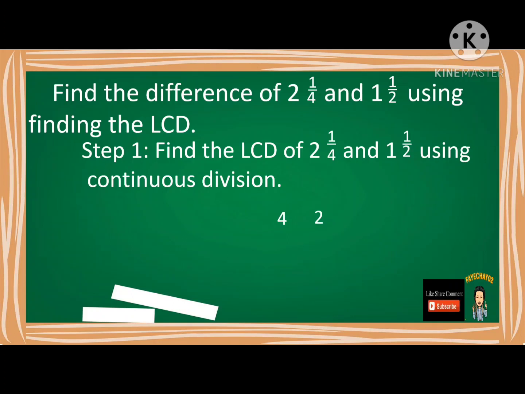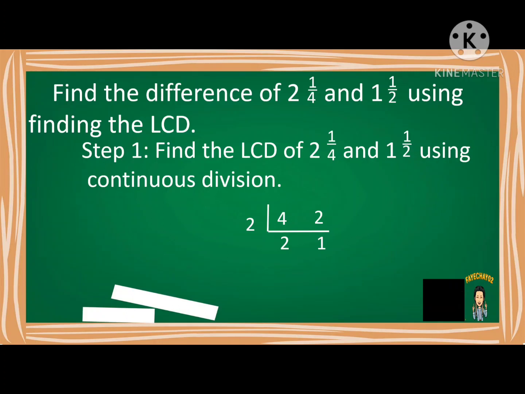Then, make an L. Think of a prime number that can divide both numbers. So, we have 2. 4 divided by 2 is equal to 2. 2 divided by 2 is equal to 1.